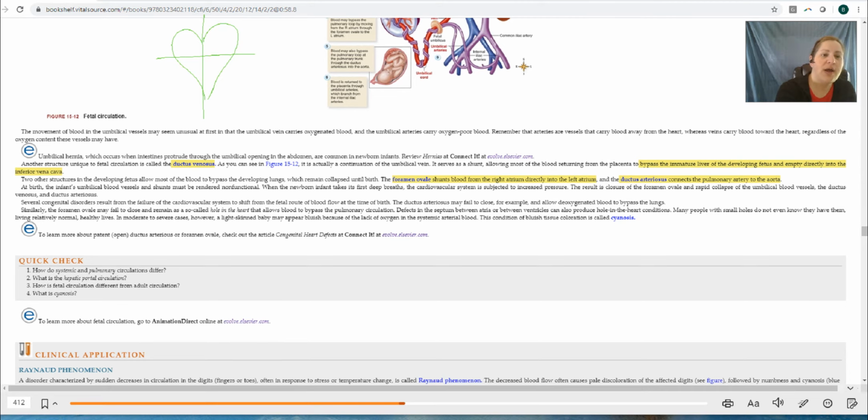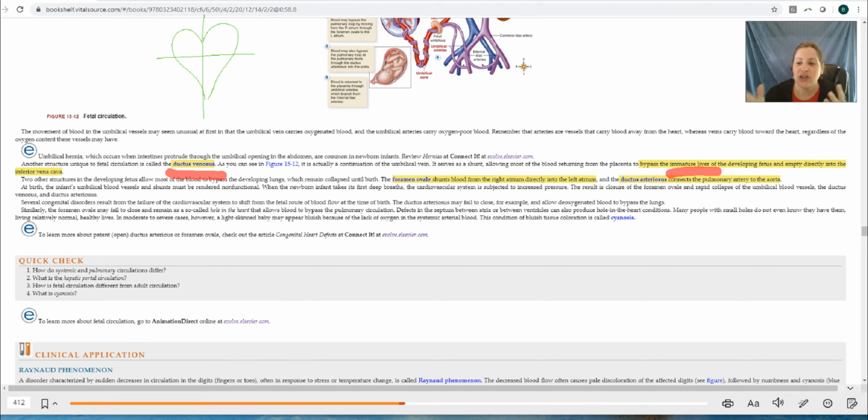The first one is called the ductus venosus. The ductus venosus bypasses the immature liver of the fetus. So that hepatic portal circulation that happens in us doesn't need to happen in a fetus because remember, they're not eating garbage like us adults do.